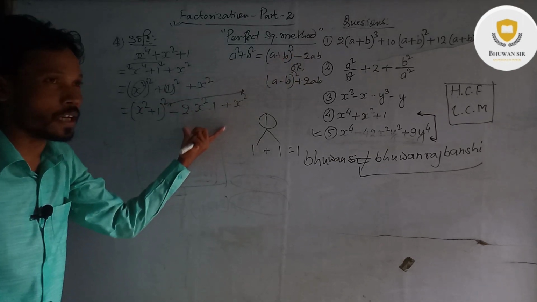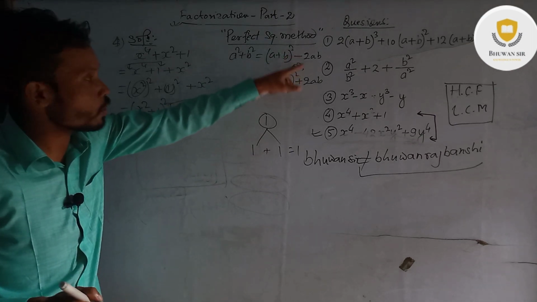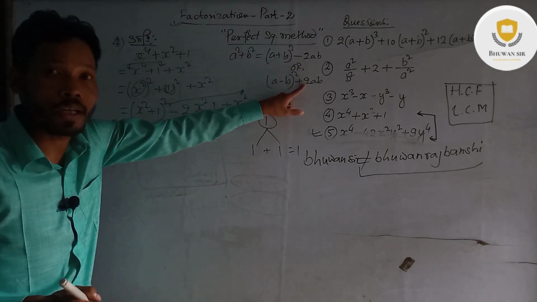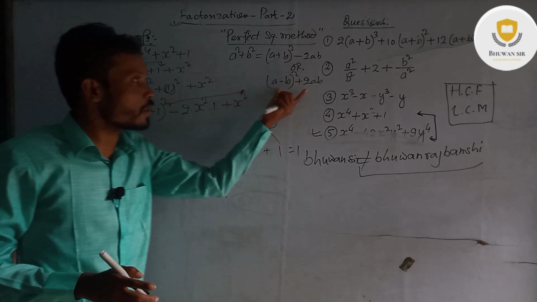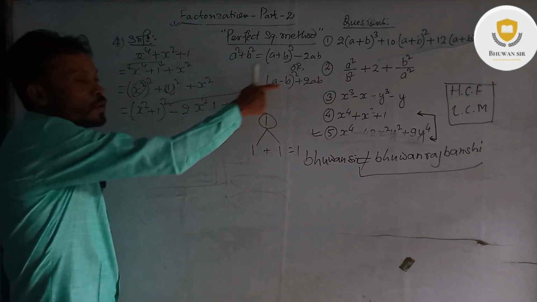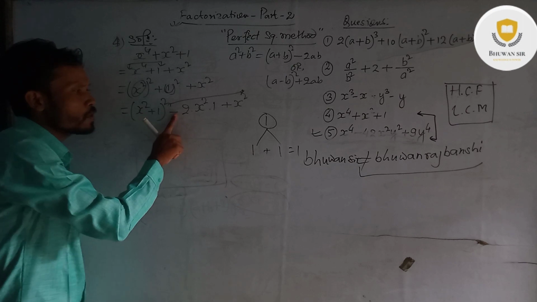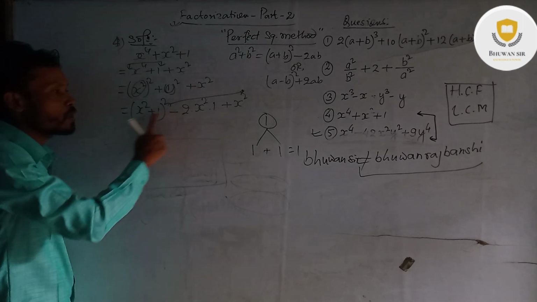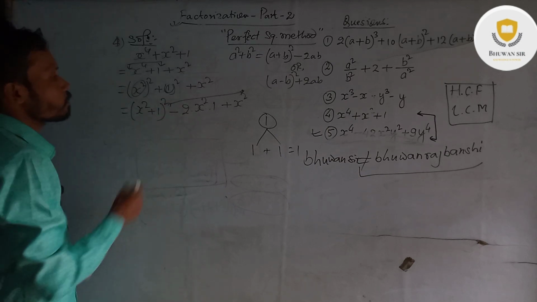If you are not getting a negative square, then think this formula is not suitable, we have to use the second formula. Clear? If you are not getting a negative square, then think of using the second formula. Now, if you want to go to the second formula, there is no difficulty. This plus, this minus you can change into plus, and this plus you can change into minus. Just change the sign only.